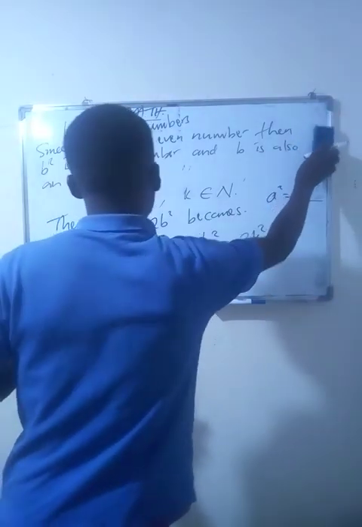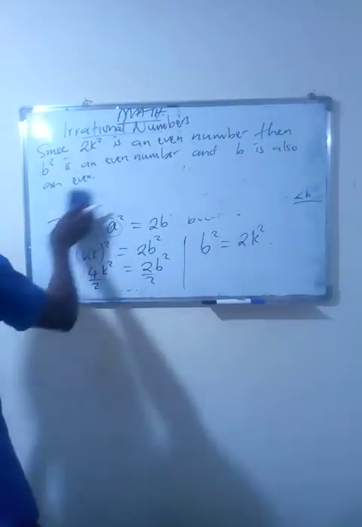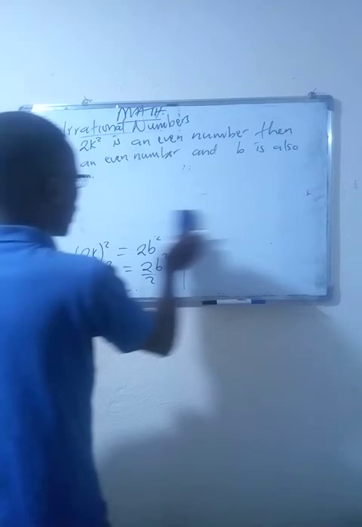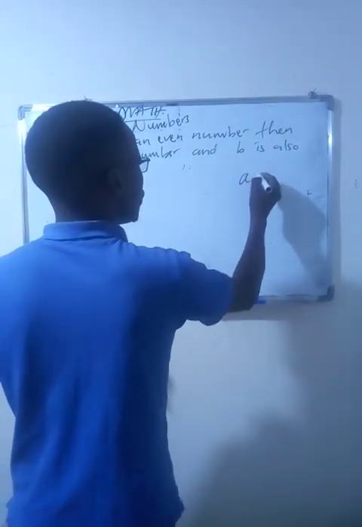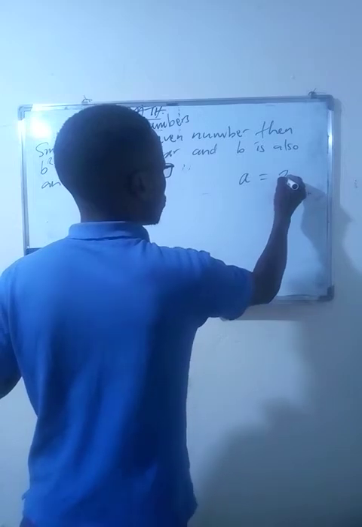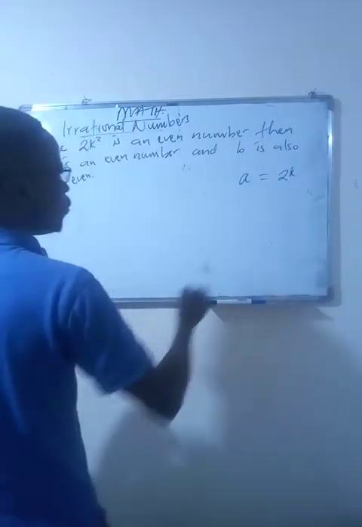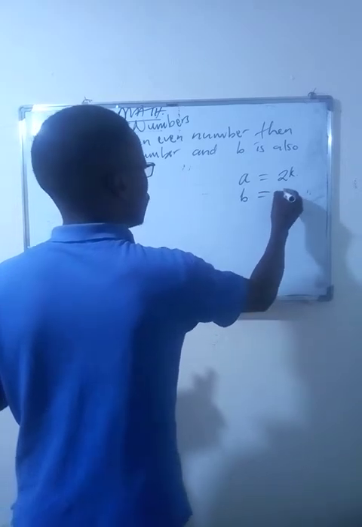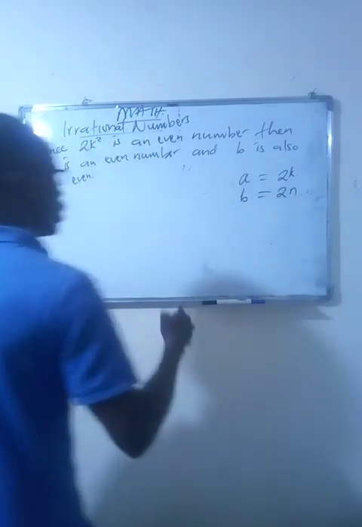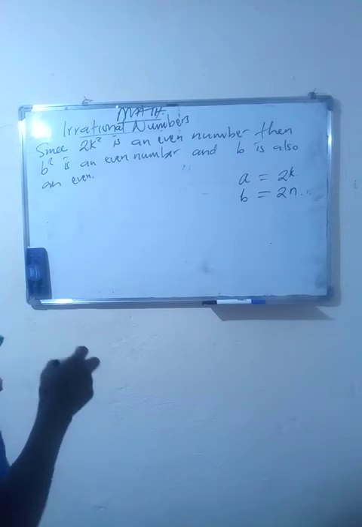Now, you guys look at this. Look at what is interesting about this, right? We have concluded that a is an even number, so it can be written in the form 2k, isn't it? And then b is also an even number, so it can be written, let's say, in the form 2n, right? I've just used two different letters.